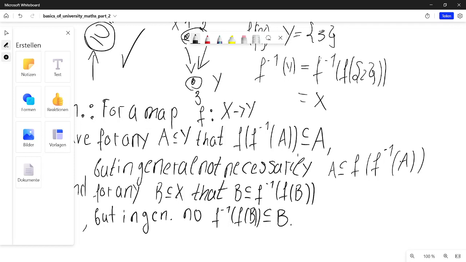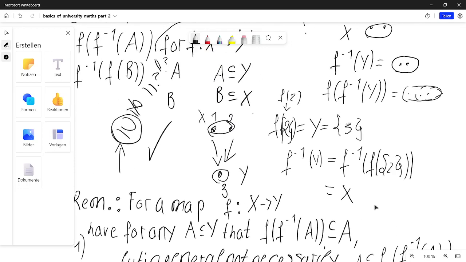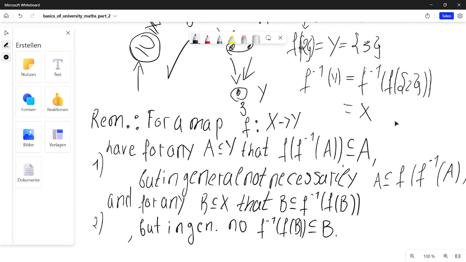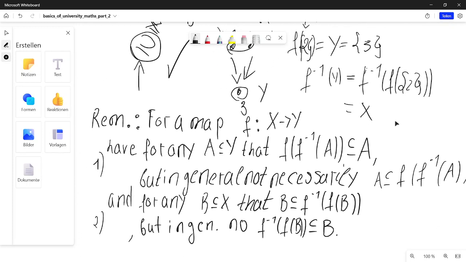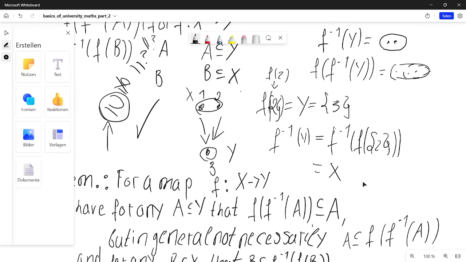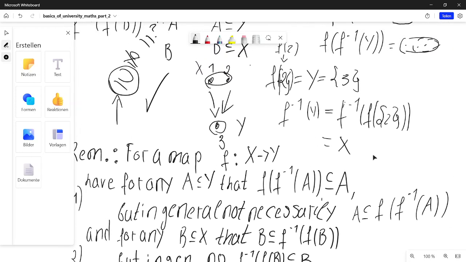And here the same, it would be nice if those that are actually not true now were actually true. And for some especially nice kinds of maps, both of those turn out to be true.